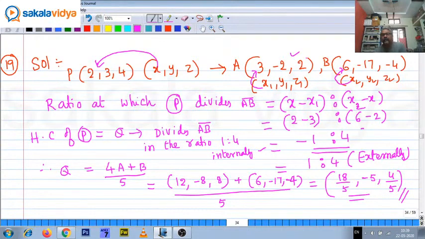Minus 1 is to 4 is a negative ratio, that's called external. Now you make it positive, 1 is to 4. Now find the point which divides AB in the ratio 1 is to 4. That is the harmonic conjugate of P. You remember it like that only. Yes, Q is the harmonic conjugate of P only, what I said.